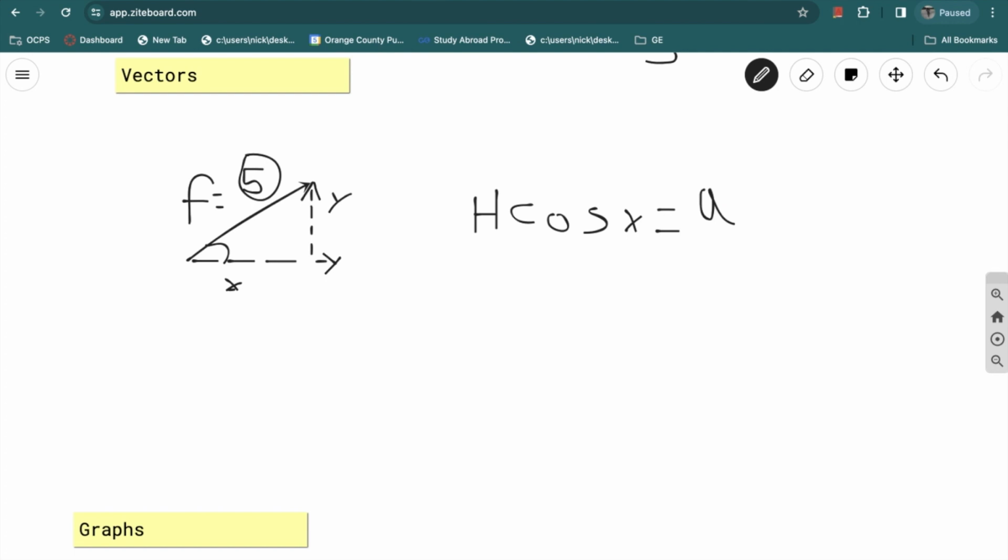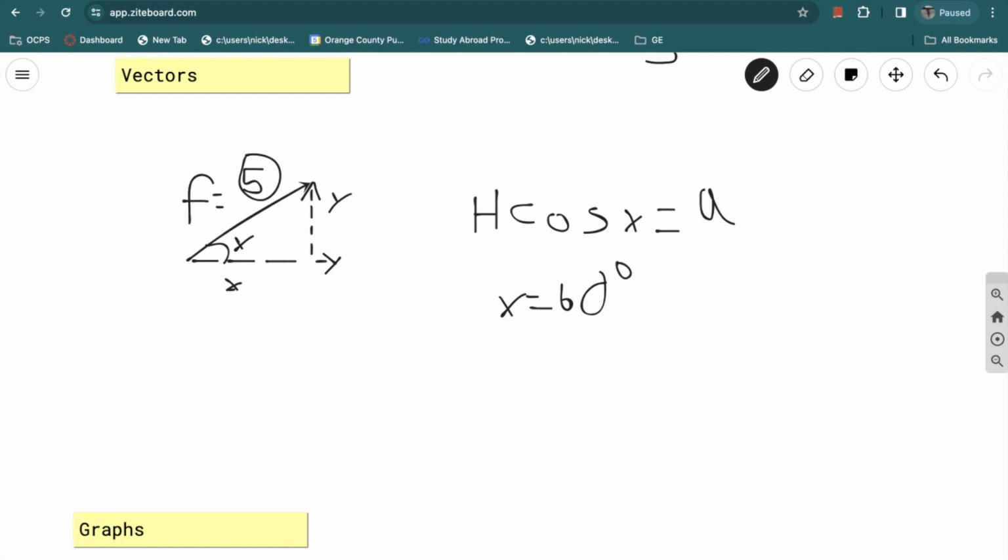Now this angle is almost always going to be given, so you just plug into the calculator and solve for it. Now let's say x is 60 degrees. And remember, you can't just have h cosine equals a.